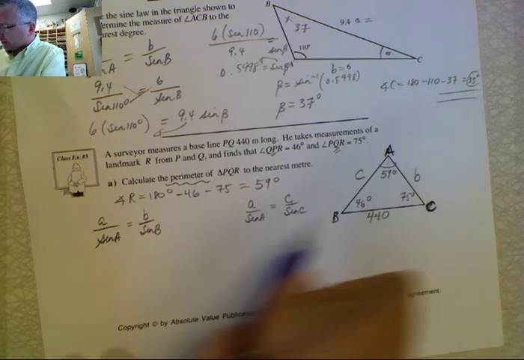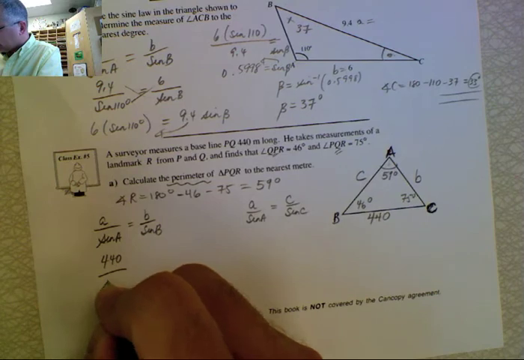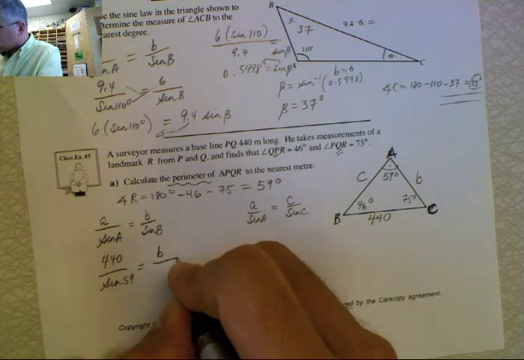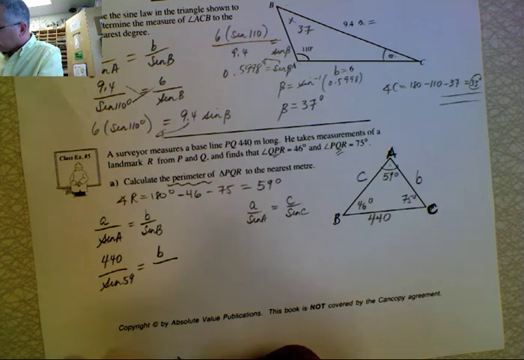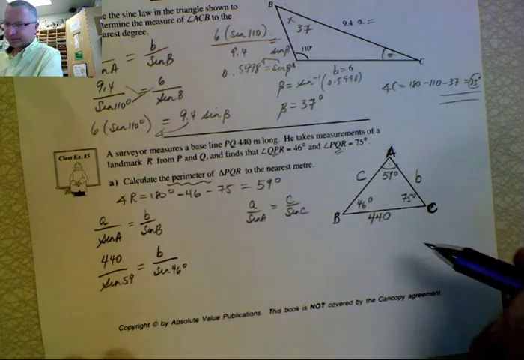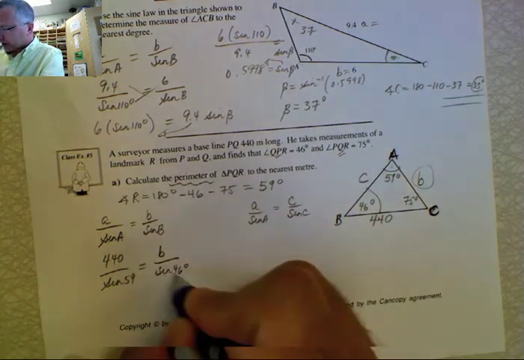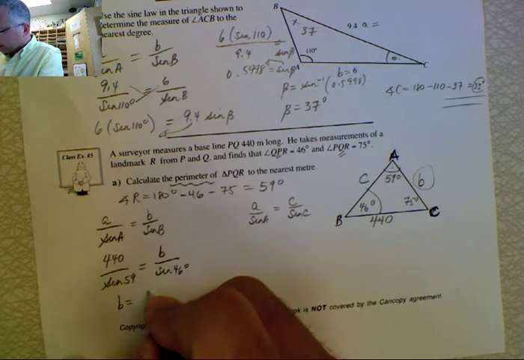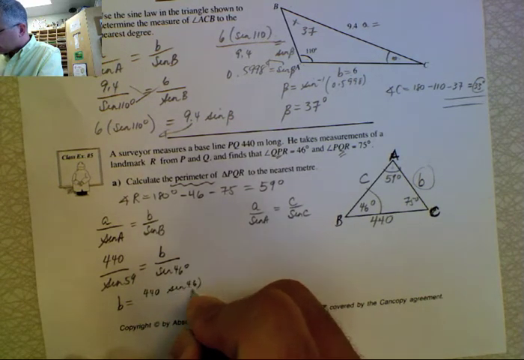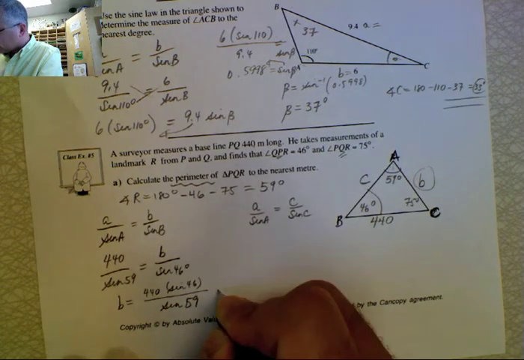So if we start with the first one, side A is 440, angle A is 59, side B is what we're looking for, and angle B is 46 degrees. Don't forget, this is angle B and that's side B. So if we cross multiply, we end up getting 440 times the sine of 46 divided by the sine of 59.